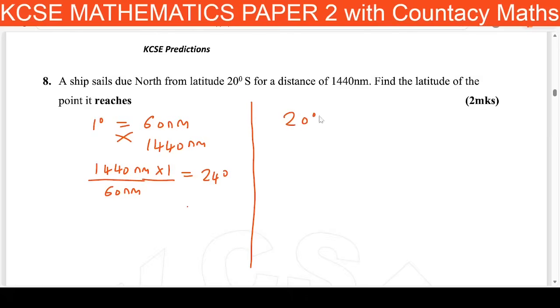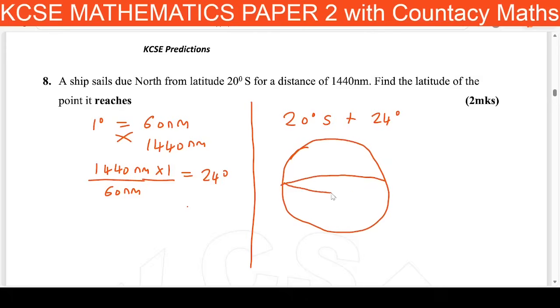But you're told this ship was on 20 degrees south. So we have 20 degrees south, which we are adding to this 24 degrees. The first thing that you're supposed to know is that the ship was already below the equator, with 20 degrees like that.